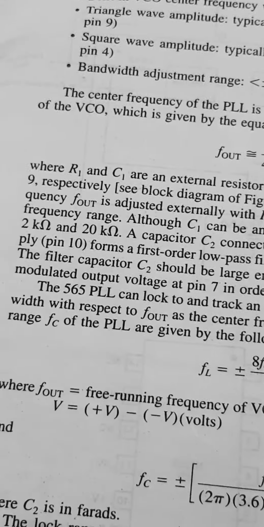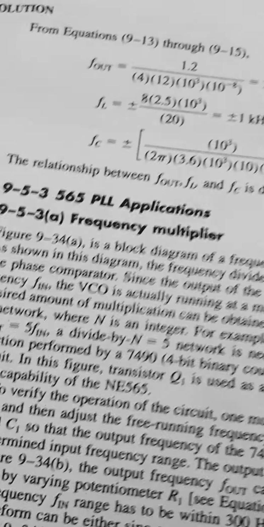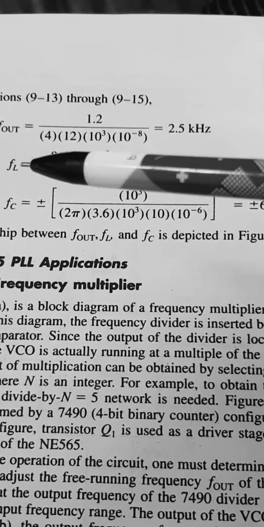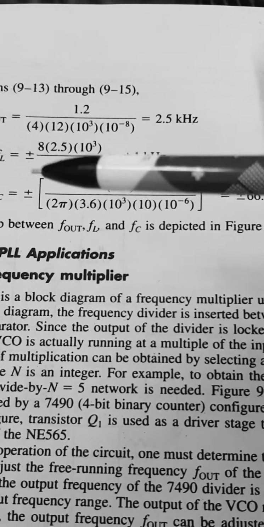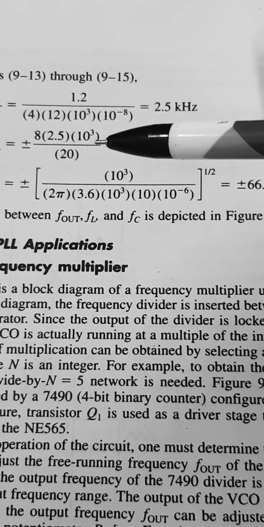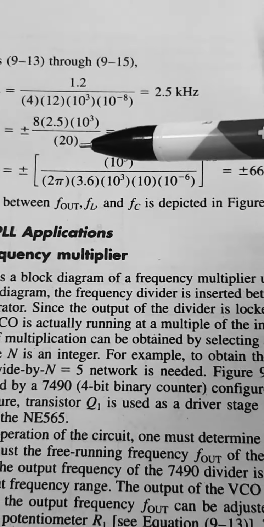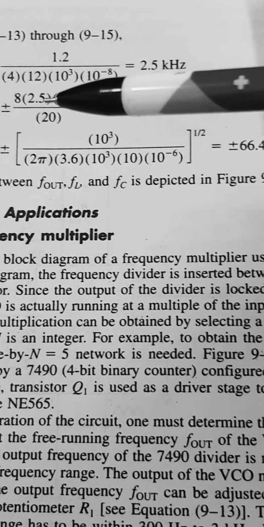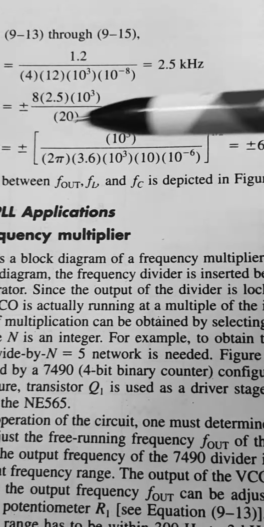Next you have to find FL, that is the lock range. The definition is already given: plus or minus 8 into F out divided by V. V is plus 10 minus minus 10, that is 20.